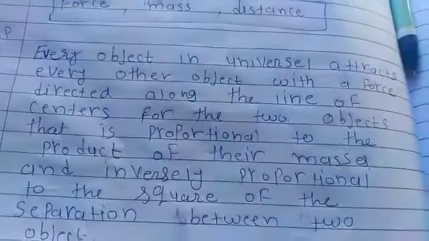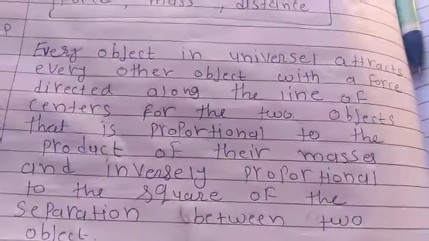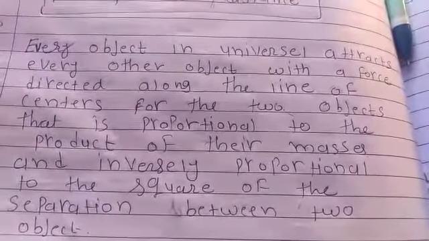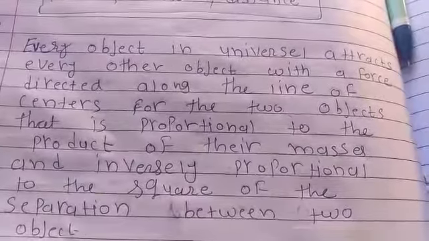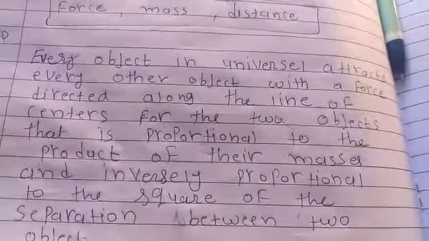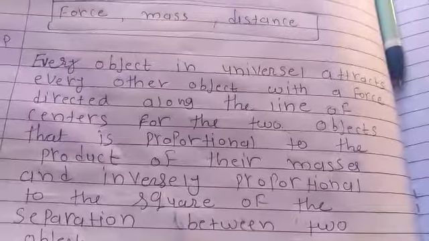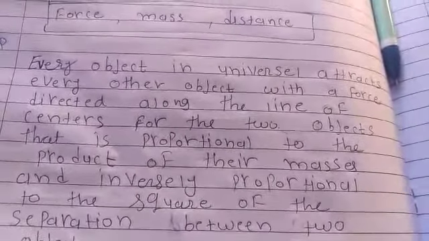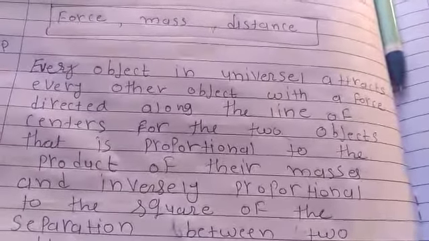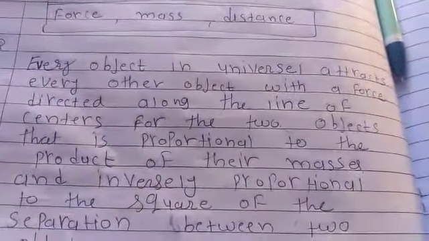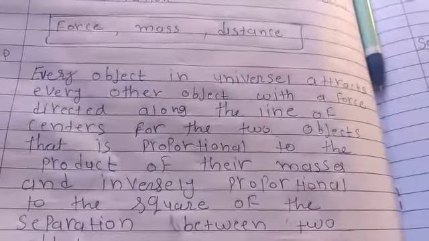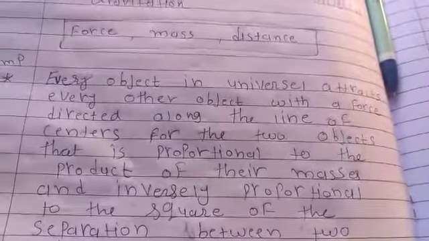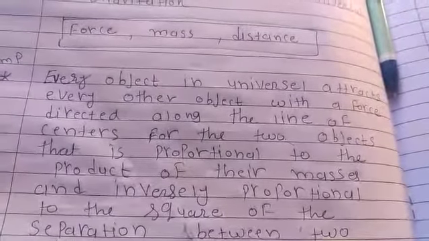This is simple, but you have to understand it, so you can write it in your own words also. Every object in the universe attracts every other object with a force directed along the line of centers of the two objects.